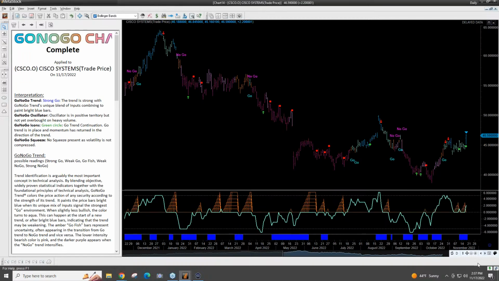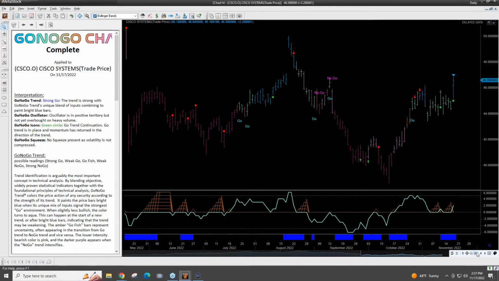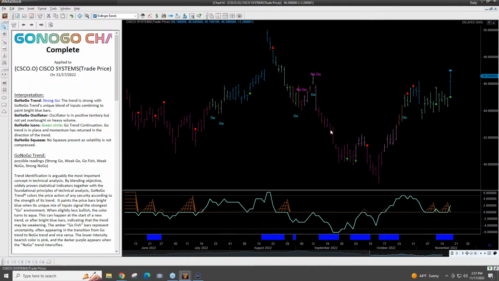So right here, I'm going to zoom in a little bit. This is Cisco. You had right here kind of some consolidation. Looks like you've got a little bit of squeezing going on down here, but the oscillator is above 0, so that's a good indication of the trend continuing. And you do have a strong go. So this is our first bar on a strong go, but you also have a continuation identifier that the trend is going to continue.